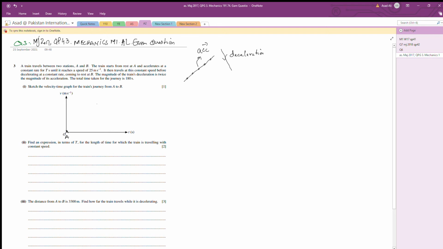We know that if the object is moving with constant speed, the graph will be a straight line parallel to the x-axis.